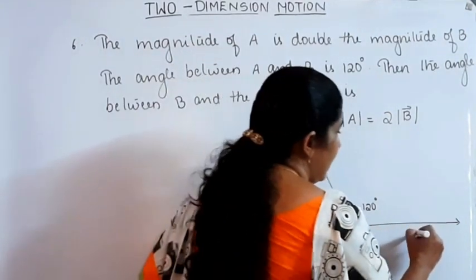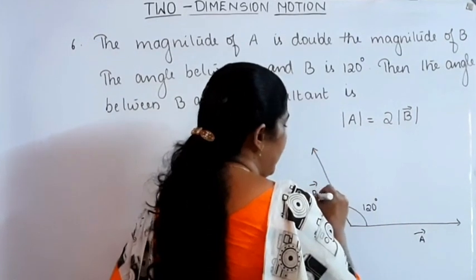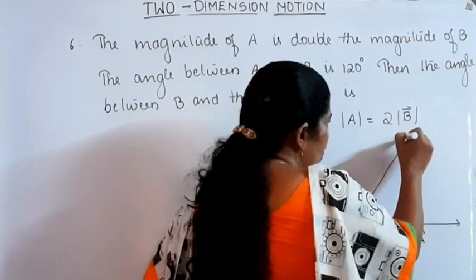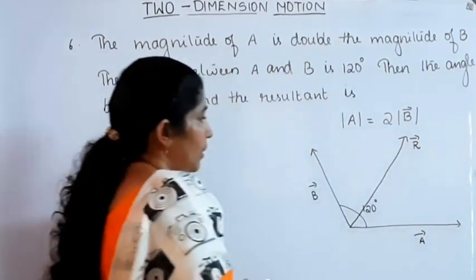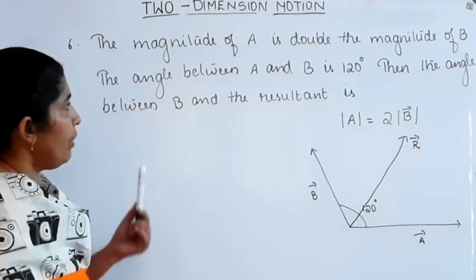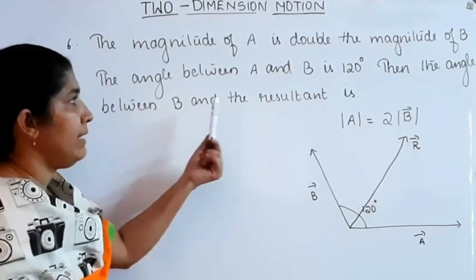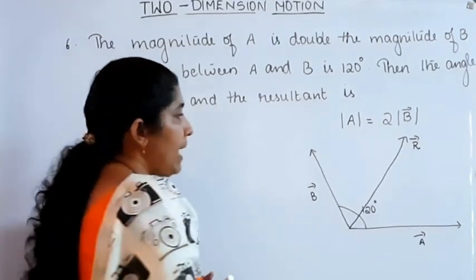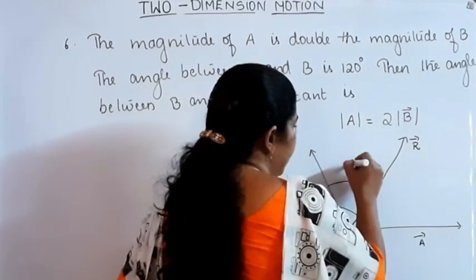This one is vector A, this one is vector B. What about the resultant of these two? The resultant of these two is like this, vector R. We want to find out the angle between B and the resultant, this angle, theta.